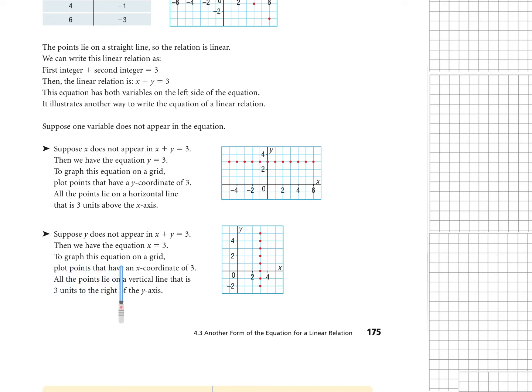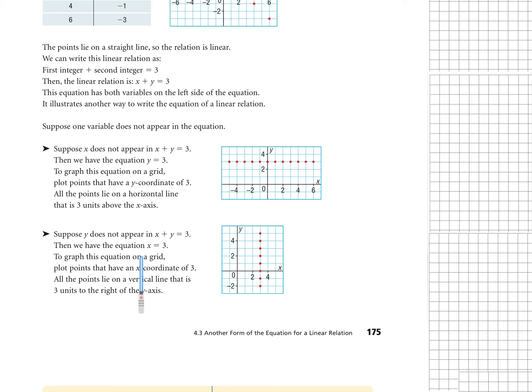To graph this equation on a grid, plot the points that have an x-coordinate of 3. All points lie on a vertical line that is 3 units to the right of the y-axis. So, if we remove one of the variables, if we remove x, it's always going to form a horizontal line through whatever value y equals. It's going to go through that point on the y-axis, and it's always going to be a straight horizontal line.